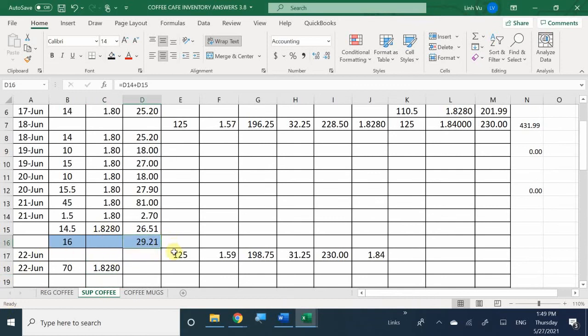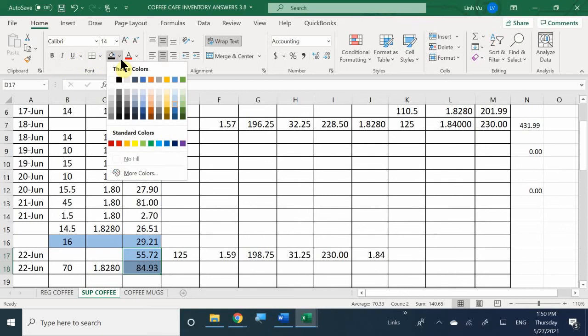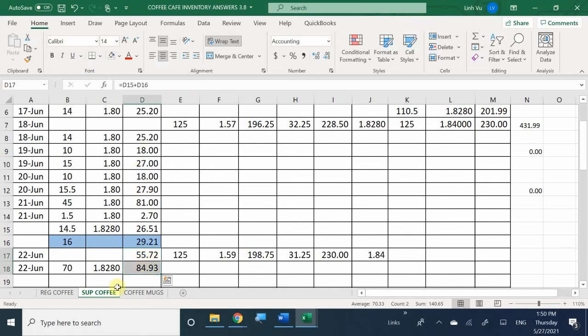And now I've got to adjust our quantity on hand. Hold on. Oh, sorry, what was it? 84.93. No, I got 127.96. Let me check my equation. 70 pounds at $1.82.